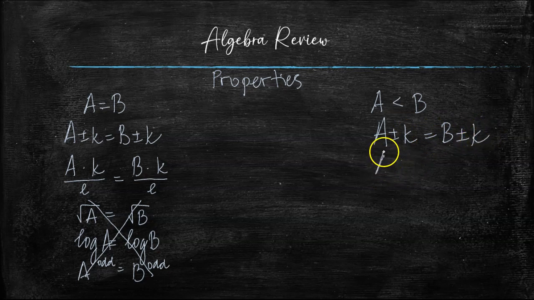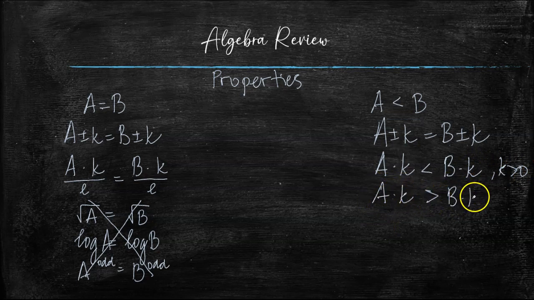You can multiply both sides by the same number, or divide by the same number, and the inequality will not change if that number is positive, and it will change if the number is negative.